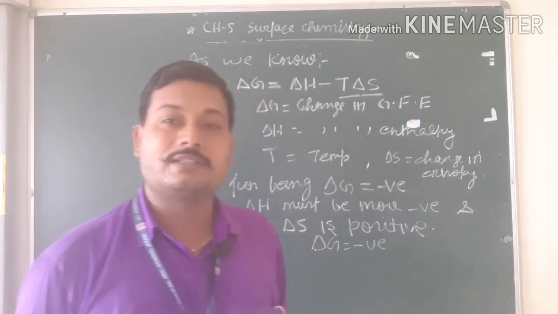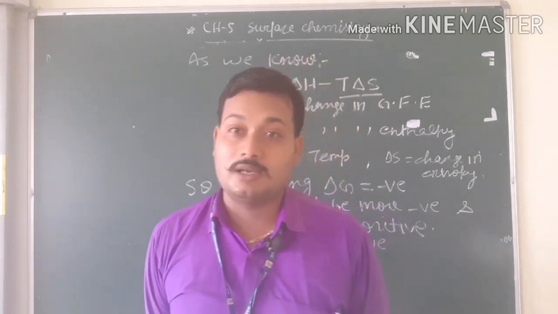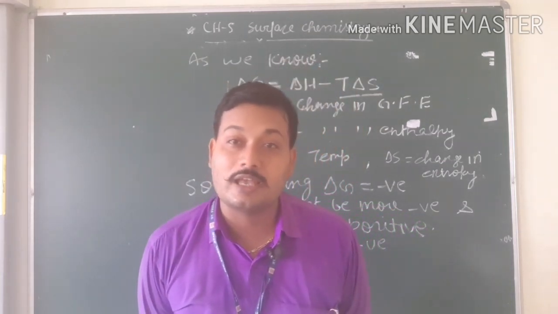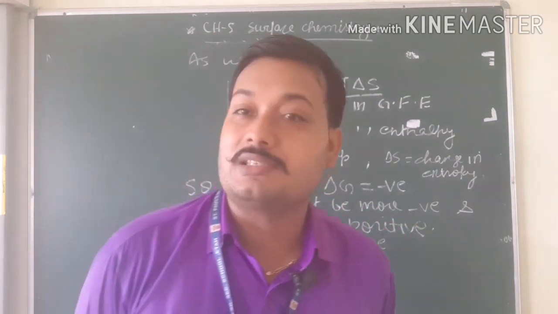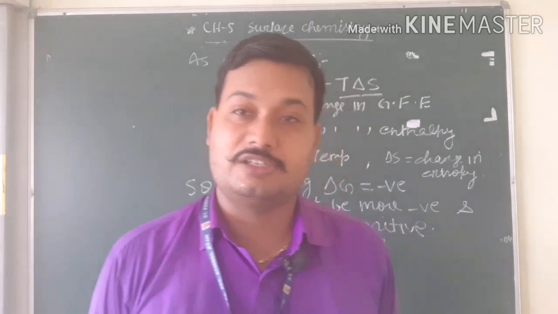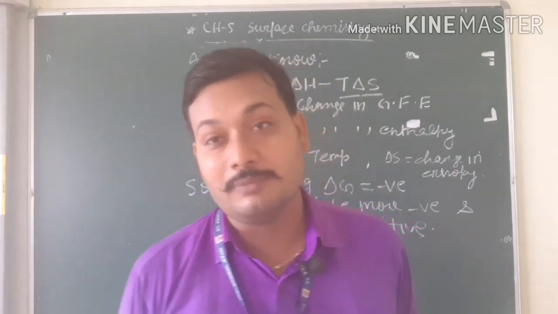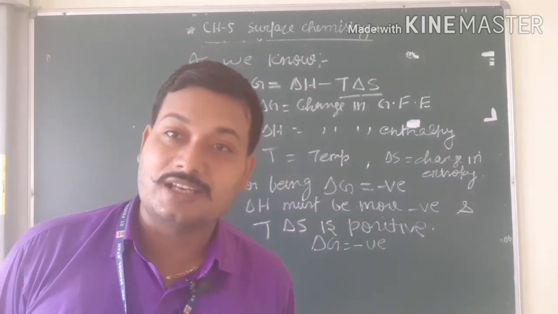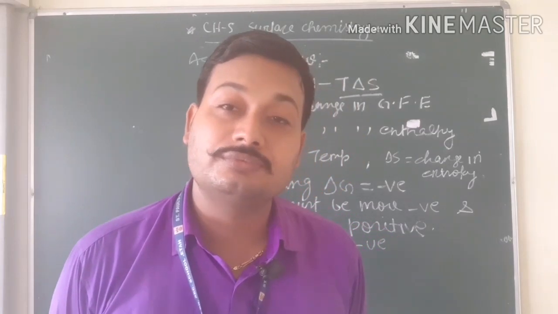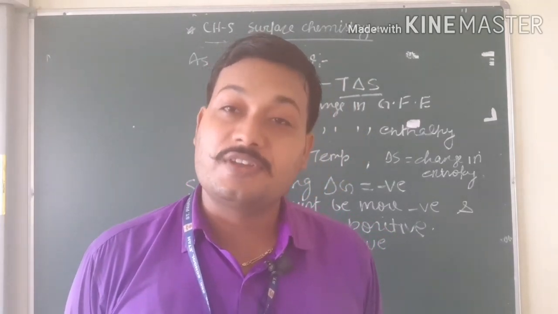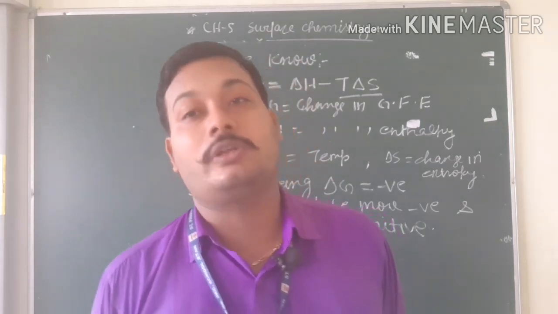Similarly, the second factor is the surface energy. You know very well, when the adsorbate molecules accumulate over the surface of adsorbent, entropy decreases. It means delta S is negative. Delta H is also negative, because the surface energy is released in the form of heat.